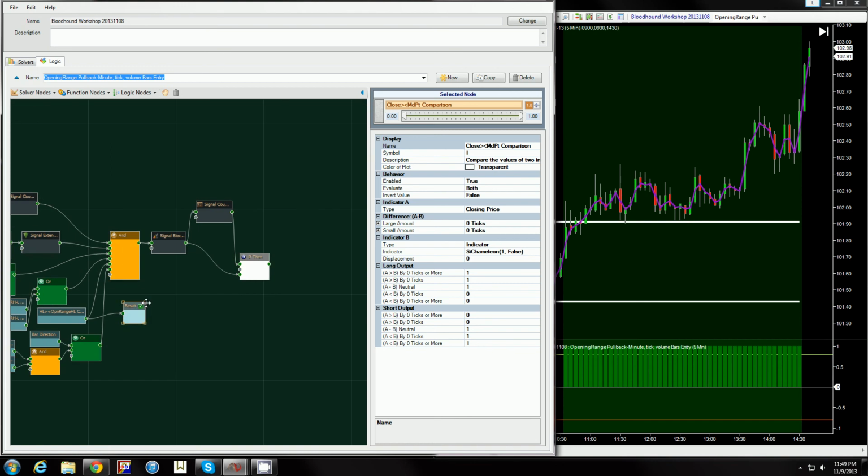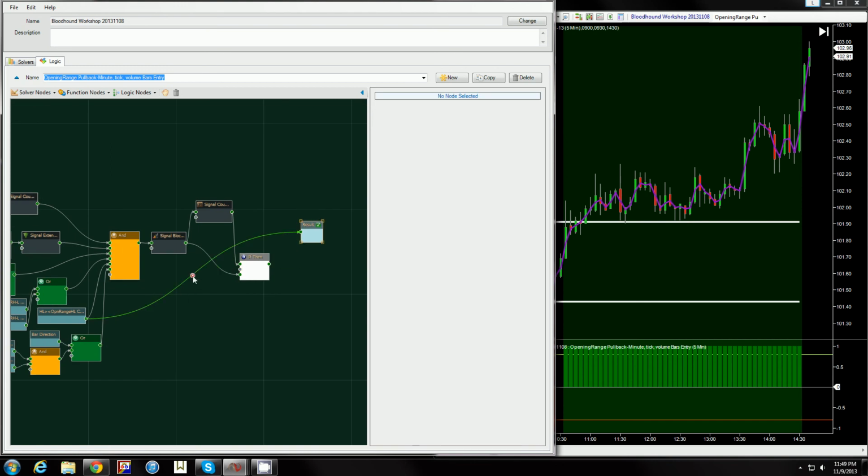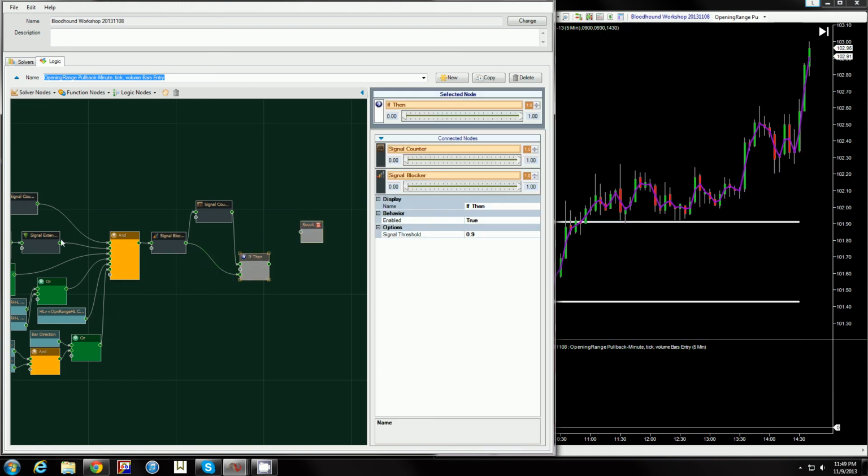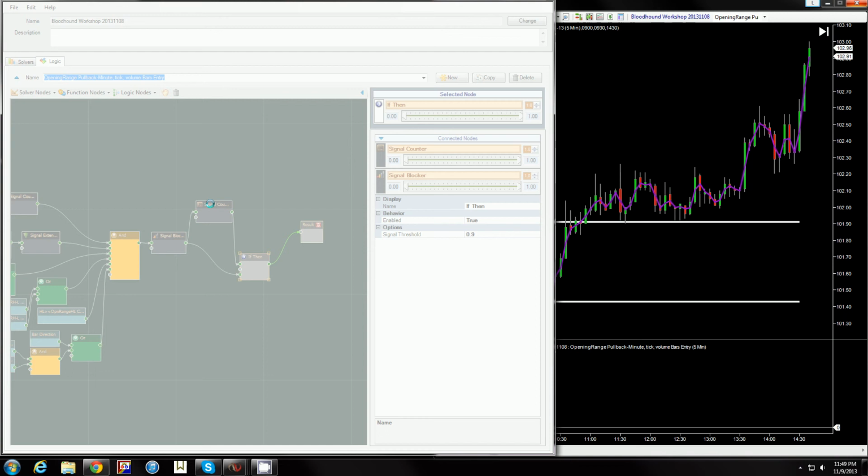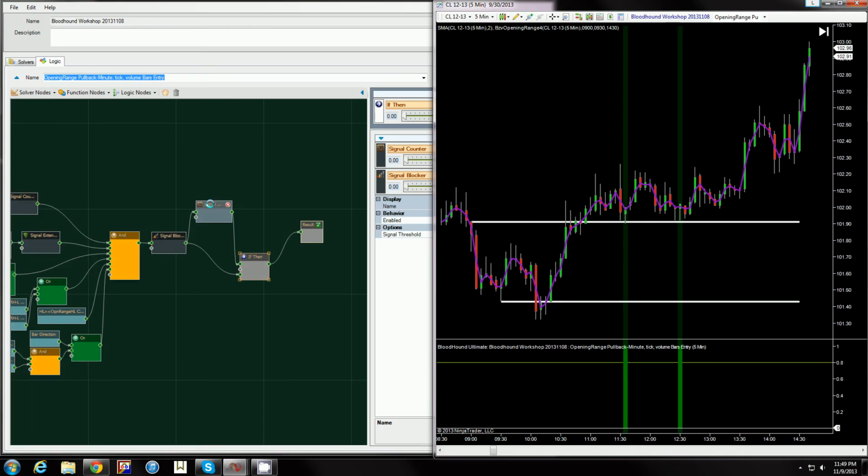Now I may as well go over real quick the one for the range bar. And this is also the same as the previous 2. You can say you only want to allow 1 trade a day. In that case, you leave this signal counter set to 2.